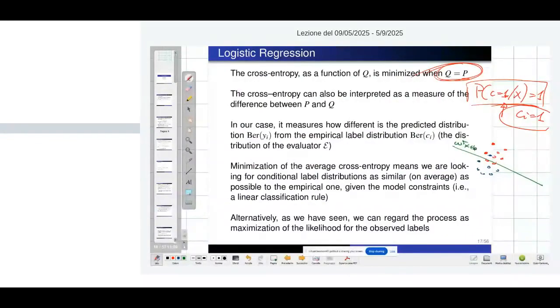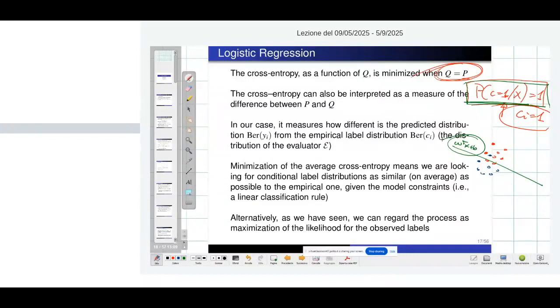So the model cannot give freely a probability for every point, but the probability is a function of W and B. So it can only adjust the probabilities of all the points as much as this expression allows for.